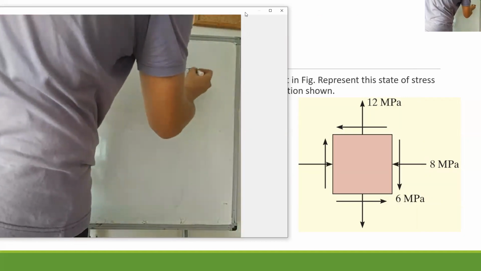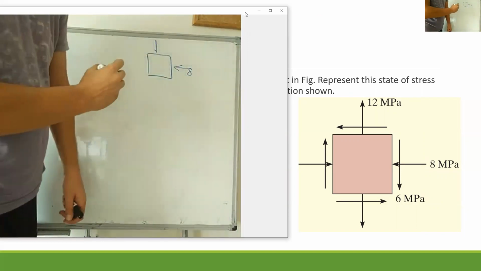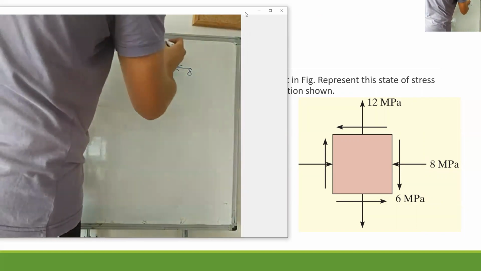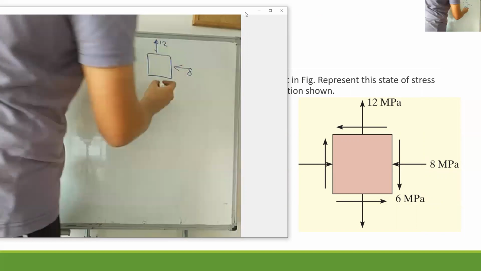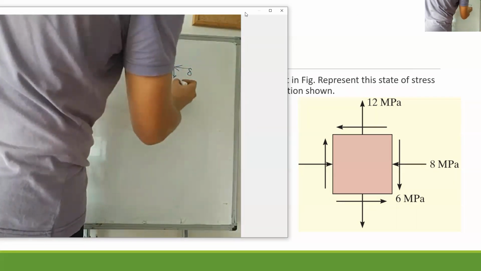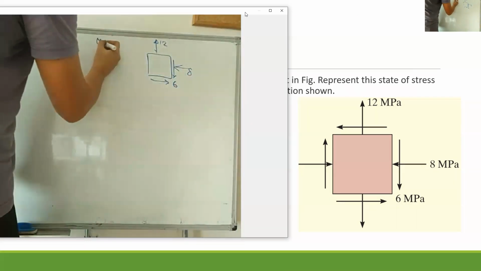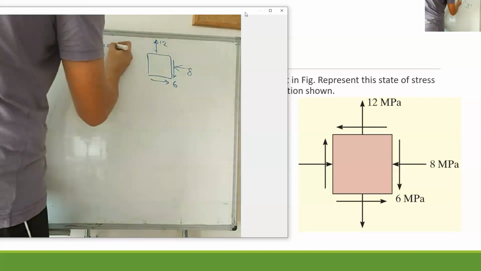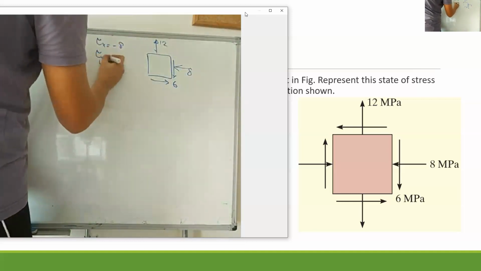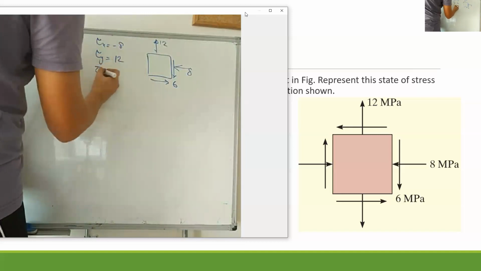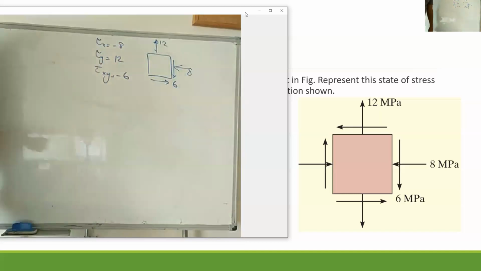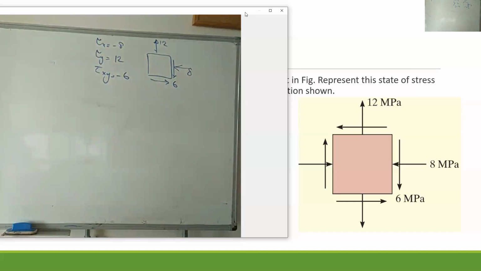This is 8. This one is 12. And this one is 6. So sigma x is equal to minus 8, sigma y is equal to 12, tau xy is equal to minus 6. Okay, so what is the question?